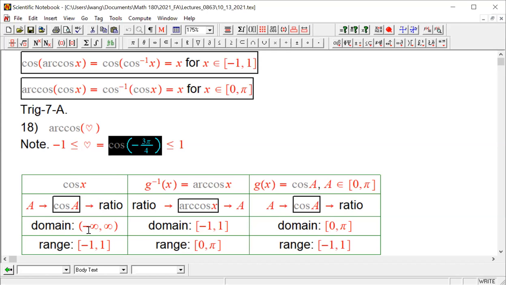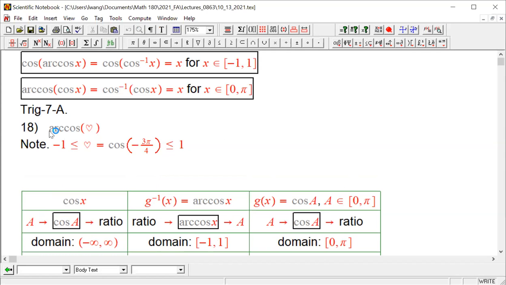Do you follow me? So if the heart is between -1 and +1, what can I tell about the answer? My answer is going to be between 0 and pi.